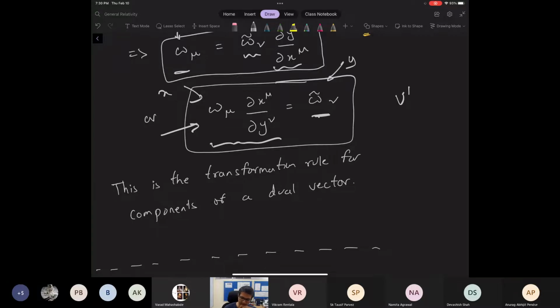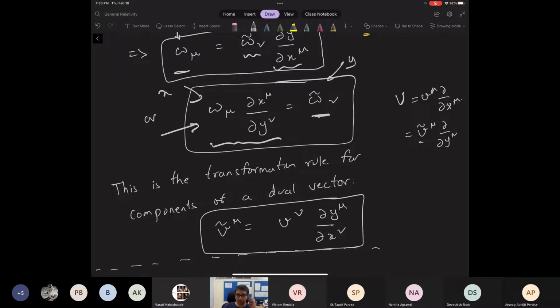Supposing I had a vector v, which we express as v mu partial x mu, and I want to write it in terms of some v twiddle, which is partial y mu, then v twiddle mu would be v nu times partial y mu partial x nu.